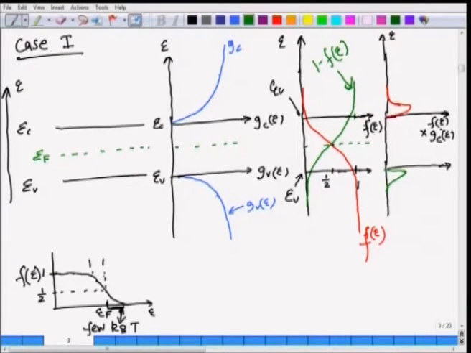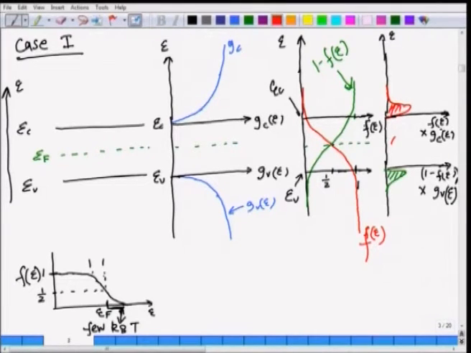And what have I plotted here? Let me label this also. On this scale I am plotting 1 minus f of E multiplied by GV of E. That is what I am plotting on this axis. So, what do I have? Now, you can see what this area and this area are.